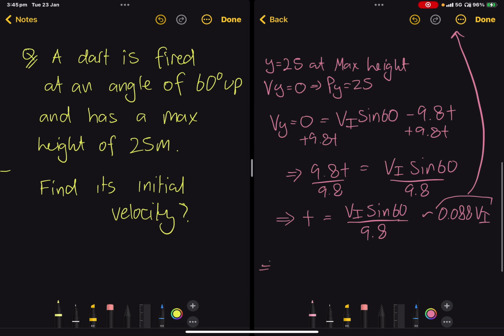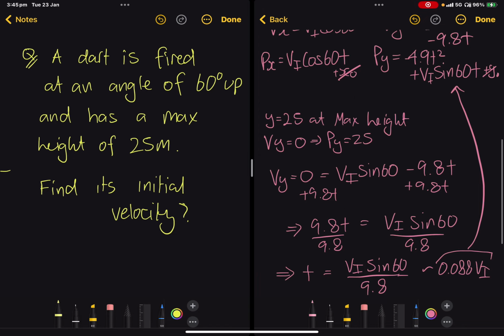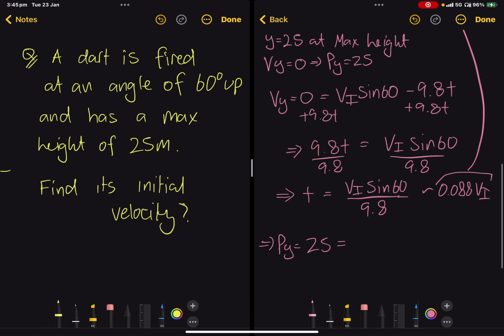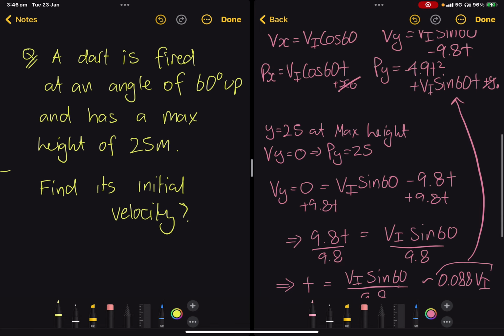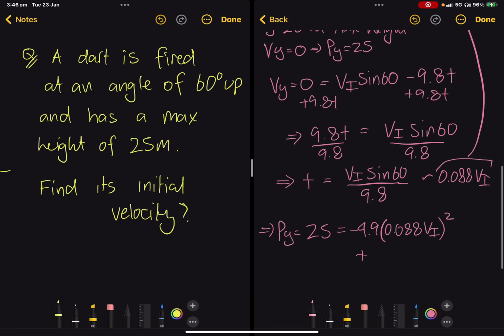So we're going to get position in y is equal to 25, and this is minus 4.9 times time squared, which is (0.088 vi) squared, plus vi sine 60 times t, vi times sine of 60 times time, which is 0.088 vi.